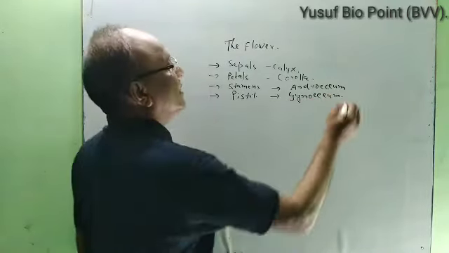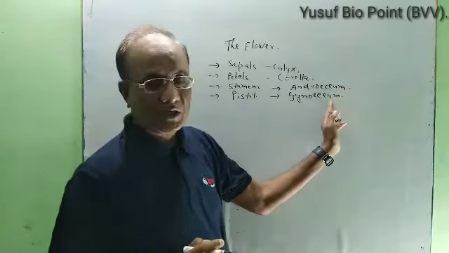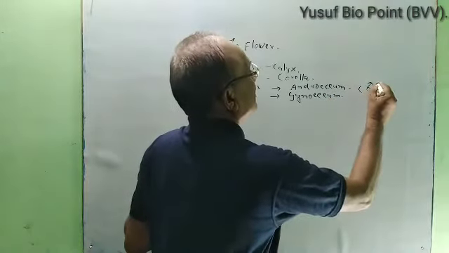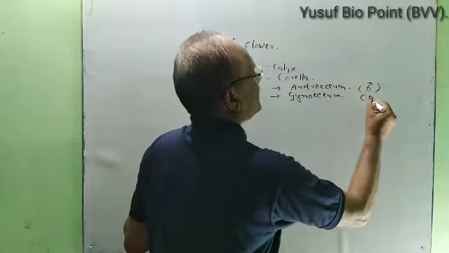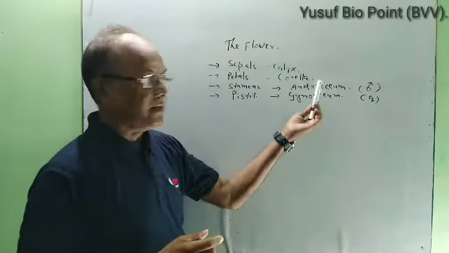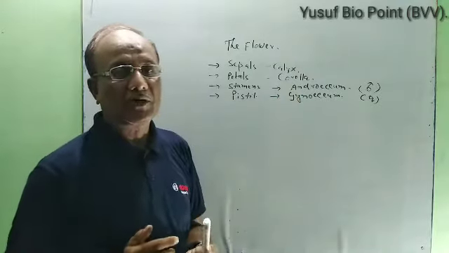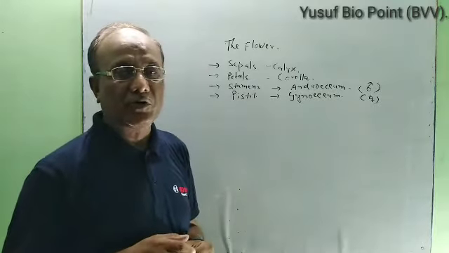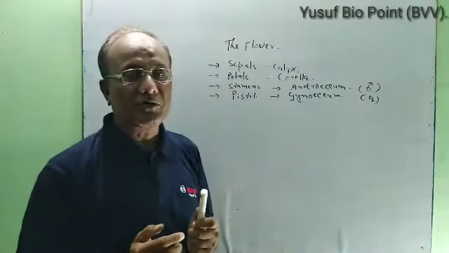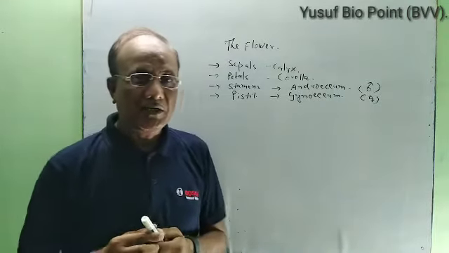In this, androecium is the male reproductive organ and gynoecium is the female reproductive organ, so they are the essential organs, and these are the supporting or accessory organs. About this I have told you in the last video. I have also told you some terms for that.